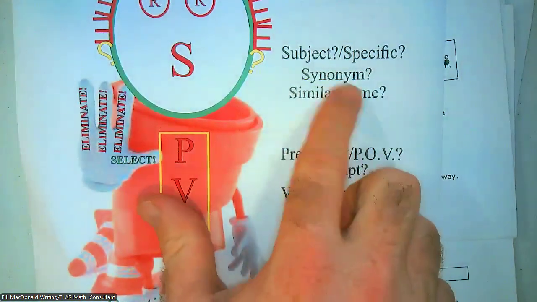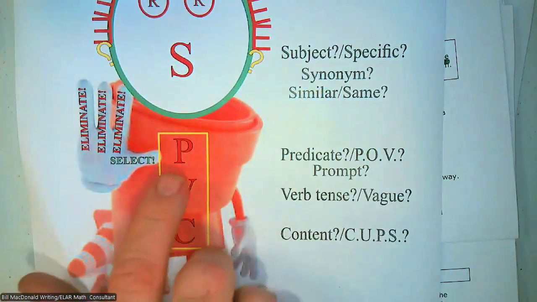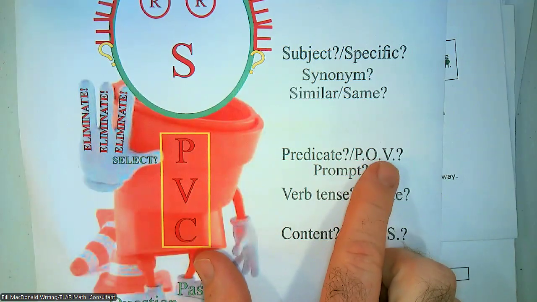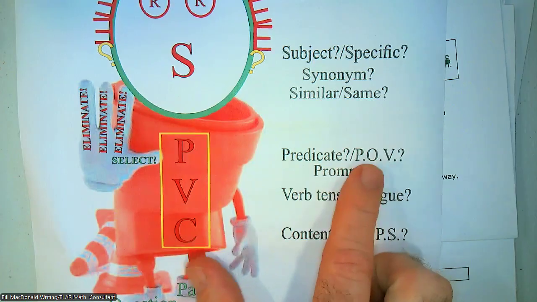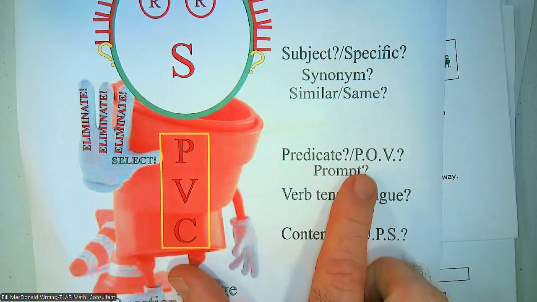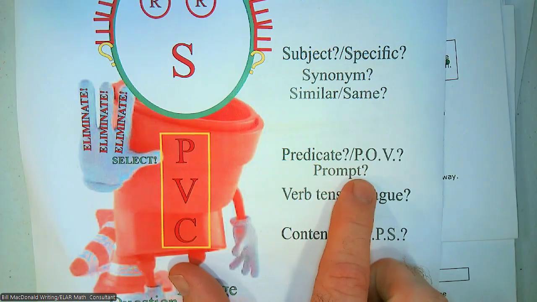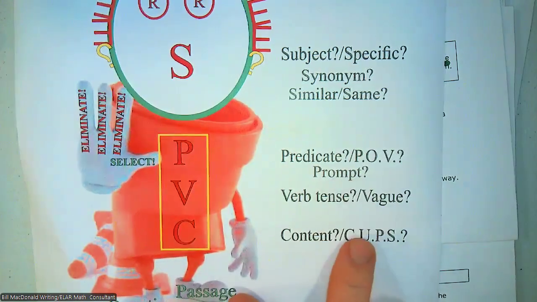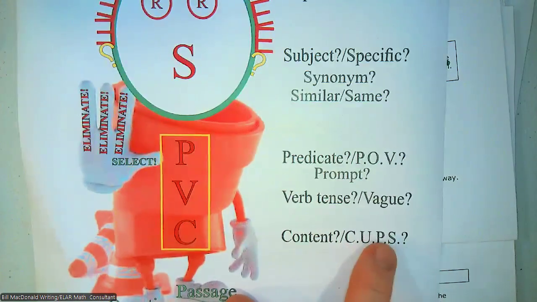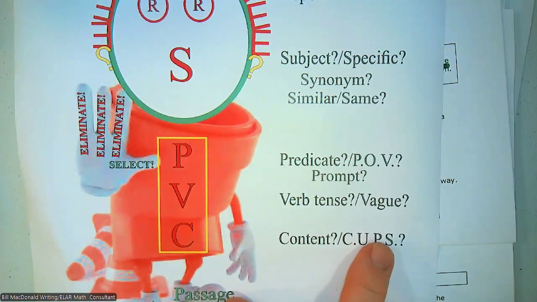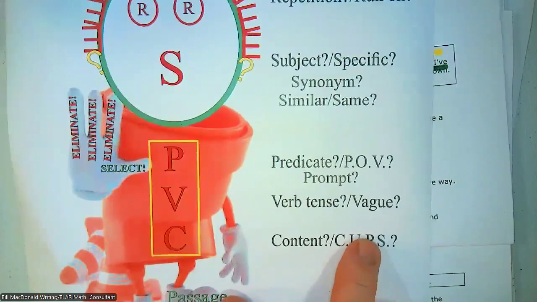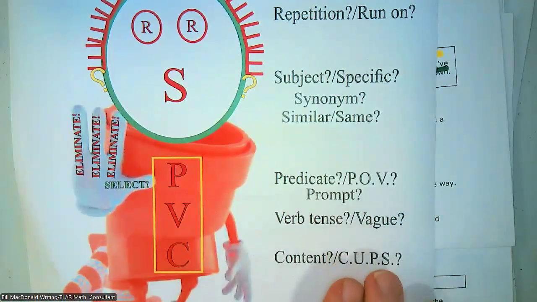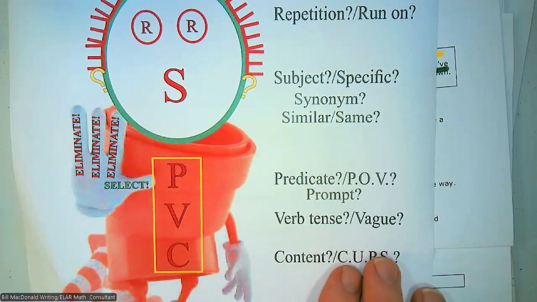That's mainly for short constructed responses. Did the predicate stay the same? Did the point of view stay the same? If it's first person, then it needs to stay first person. Are we actually responding to the prompt, whatever it's asking us to do? Since revising is improving content, if they don't keep the editing, the conventions strong, they can still get the point, because remember that the rules are you're graded down for not improving the content, even though we do want good conventions.